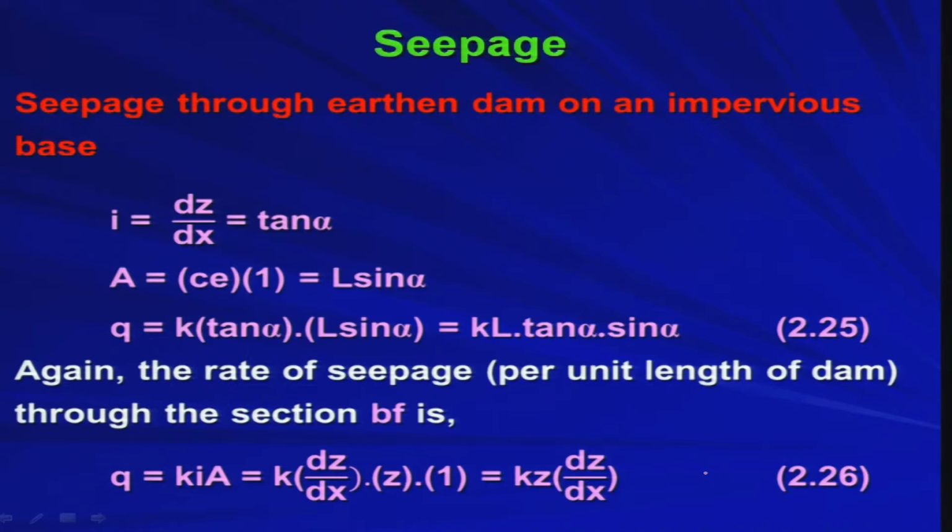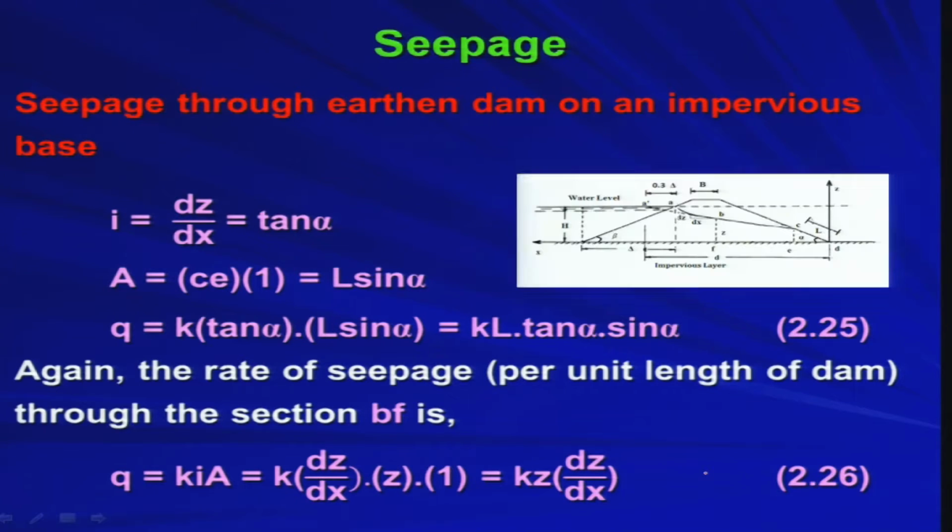So, I is given by dz by dx, which is nothing but tan alpha. Already we have seen that I is approximately equal to dz by dx. The dz by dx at point C is nothing but tan alpha.